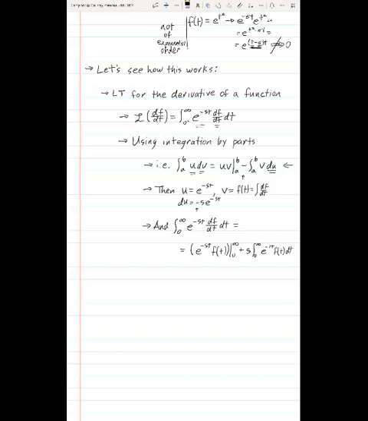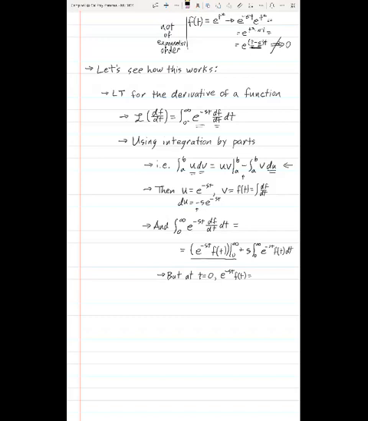So going ahead and working with this, what do we have? Well, let's take a look at this first term here. For the first term, when t is equal to 0, because we have a lower limit of integration and an upper limit of integration, we have e to the negative st times f of t.